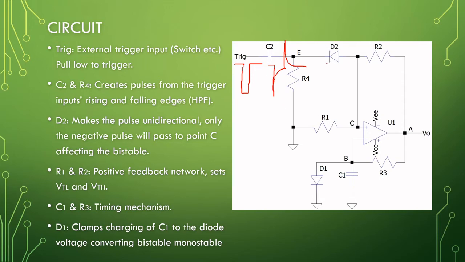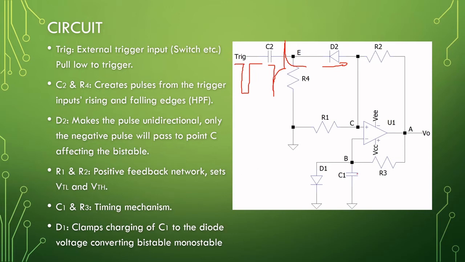Diode D2 here ensures that only the negative half of this pulse goes through, and if this is pulled negative on this side, this trigger here will go to a low state. So basically we will force our astable into a low triggering point, and suddenly this capacitor needs to charge up again from its stable state.